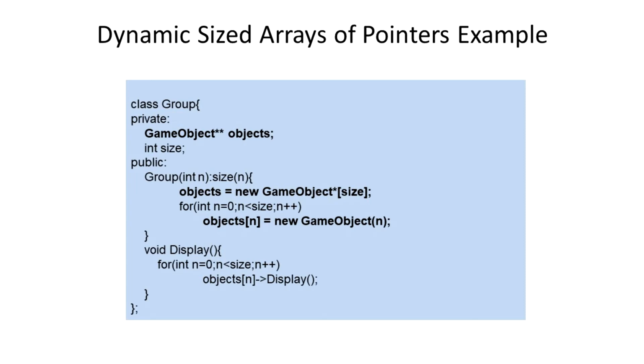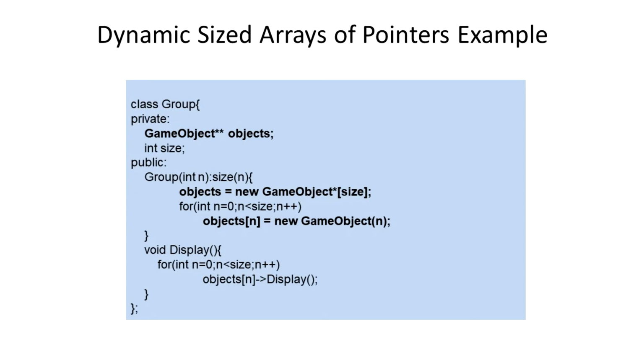Okay? And then in the constructor here, the non-default constructor, we are going to be setting up that array on the heap. As we see here, we're using the keyword new and then allocating the size, which is going to be passed into this non-default constructor at runtime. And that's going to be set up on the heap. But remember, it's going to be of class pointers rather than the class type. So remember here, that's going to be GameObject pointer. You notice the asterisk in between the GameObject class name and the size.